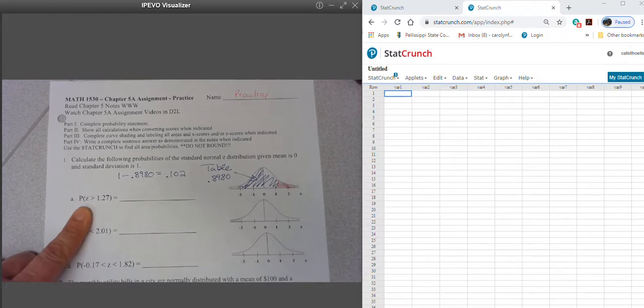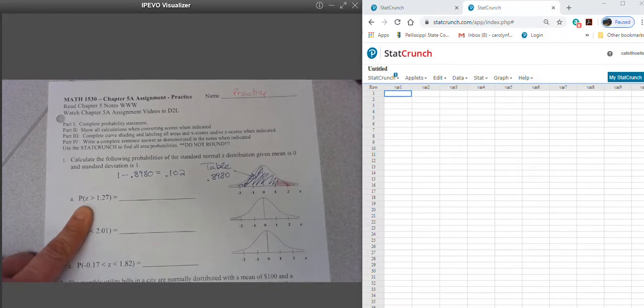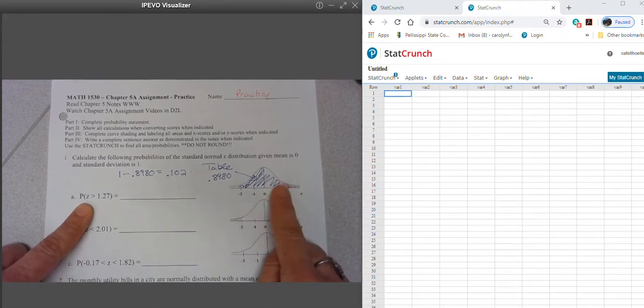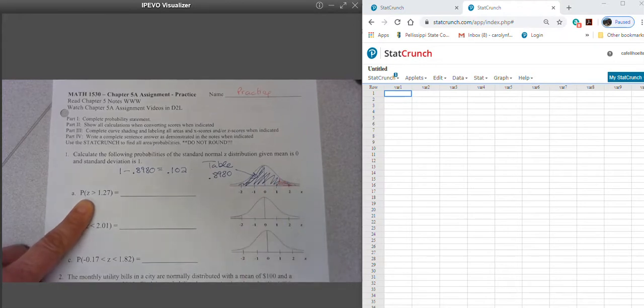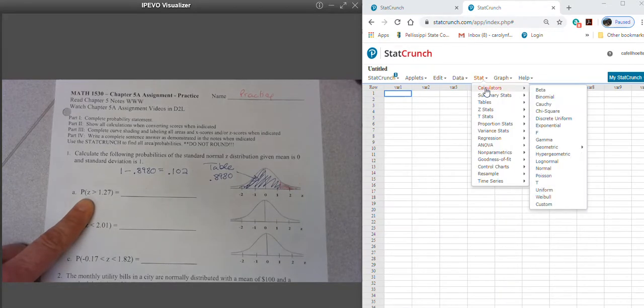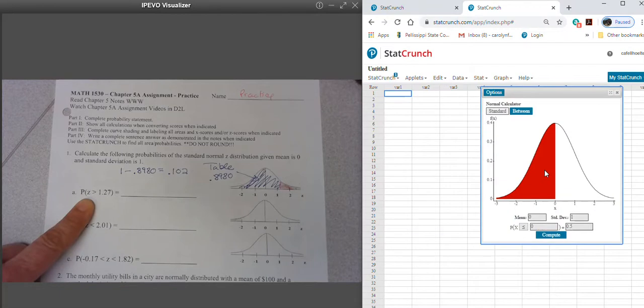For the rest of this video, I'm going to show you how to do it in StatCrunch. StatCrunch will go to the left or the right, where your tables only give you values to the left. So let's look at StatCrunch. We're working with the standard normal z distribution, so that's Stat, Calculators, and we're going to the Normal calculator because this is for the standard normal distribution.